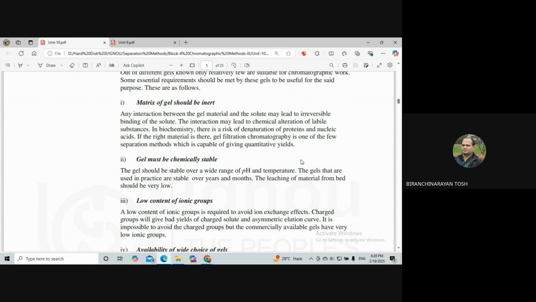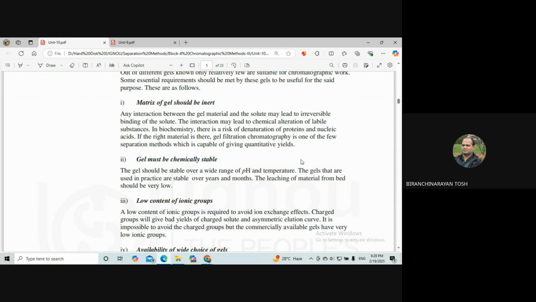Then second one, the gel must be chemically stable. So within a range of pH and temperature, it must be stable. The gels that are used in practice are stable over years and months. The leaching of material from the bed should be very low. Then low content of ionic groups. A low content of ionic groups is required to avoid the ion exchange effect.